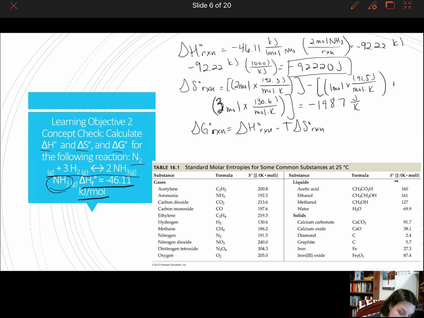We put our delta H in there, our temperature of 298. We don't need to specify what temperature because we were talking about standard molar entropies, so we have to be talking about 298.